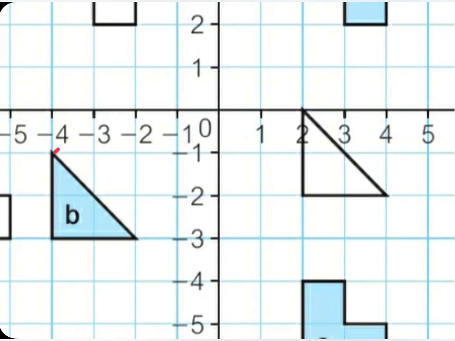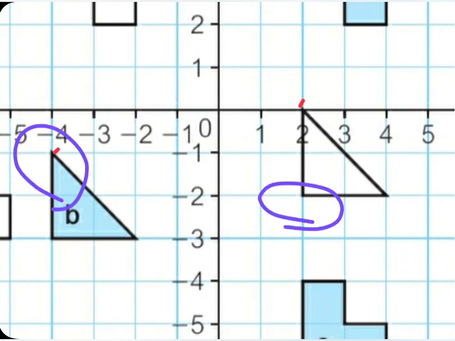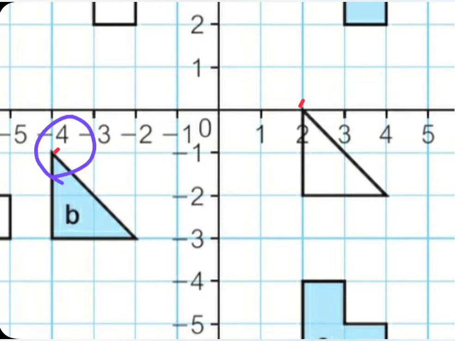This point is the same as this point. You can't say this point is the same as this one. That's impossible. Because all angles are the same and all points are the same between the image and the shape. For example, this one is the same as this one.